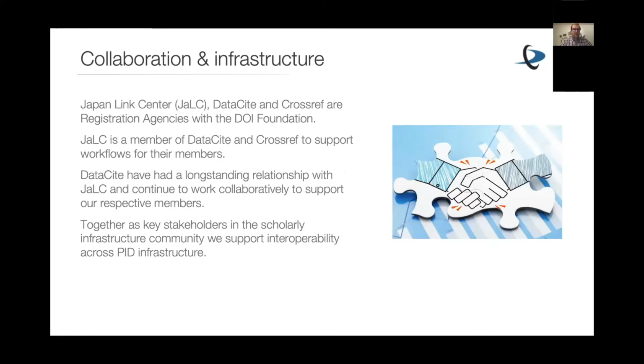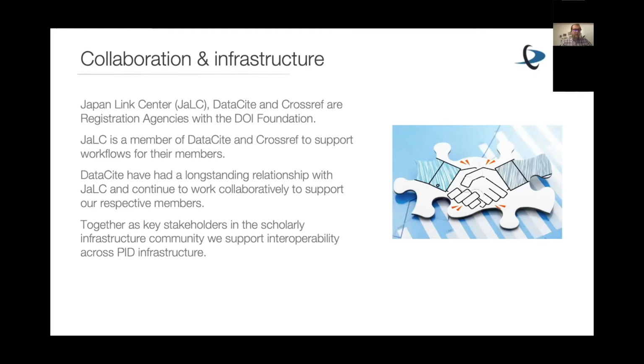So moving into a bit of the work that we do as a community and at DataCite, one of the key things that we do is form collaboration and partnership with other infrastructure providers. And as many of you may know, Japan Link Center, DataCite, and Crossref are all registration agencies with the DOI Foundation. DataCite works very closely with Japan Link Center and Crossref.